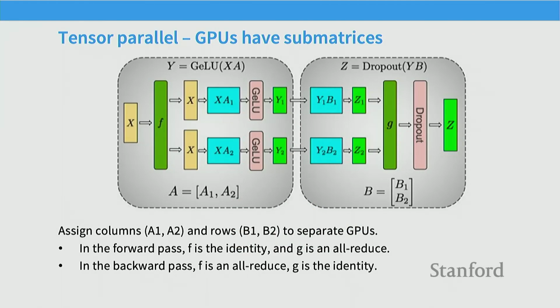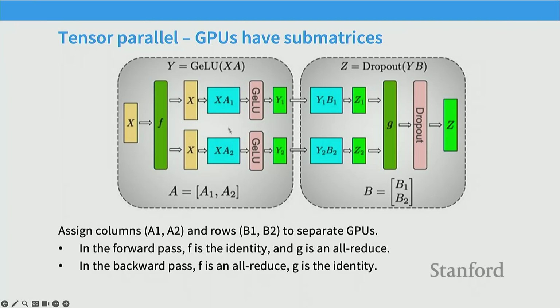So here's an example of what it might look like in an MLP, right? We have each GPU handling a different submatrix of, let's say, a big MLP matrix multiply, and then we're going to have collective communications to synchronize the activations as we need them. So this is an MLP, and the top half and the bottom half are two different paths.